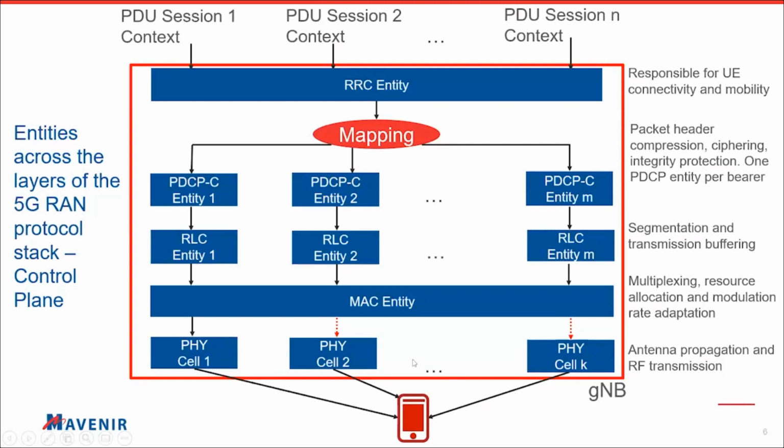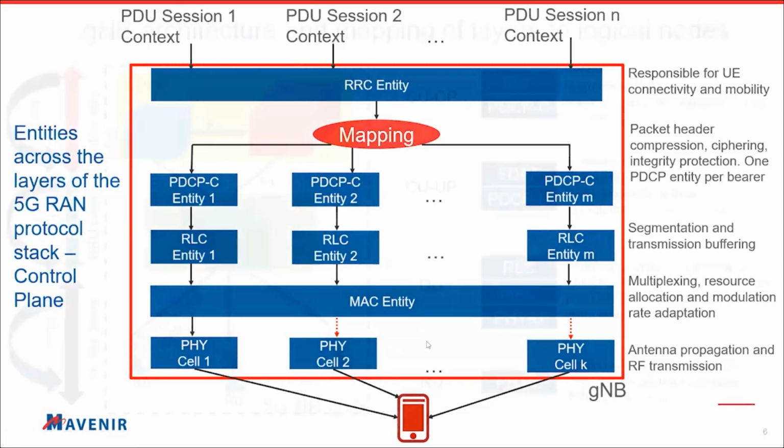Mostly the signaling radio bearer transmission happens over the primary cell, and that's one of the reasons why I only have dotted lines for cell 2 all the way till cell K. Even when all these cells are serving the G node B, for user plane you'll be able to see all the cells serving the user plane traffic. But for the signaling radio bearer, mostly the transmission happens over the primary cell. That's why I only have a solid line for physical cell 1, but dashed lines for cell 2 and cell K.